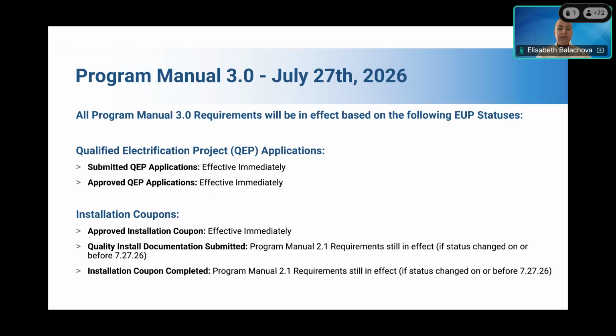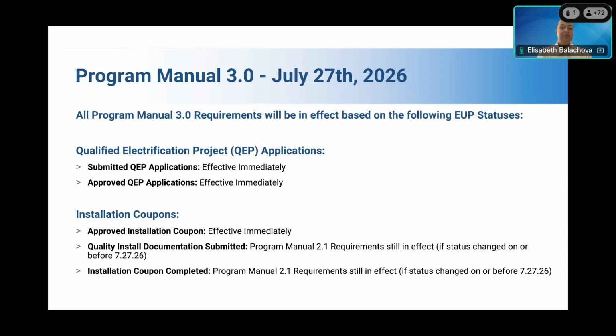So based on if you have existing projects right now, depending on what status they are in and what stage of the process they're in, that will determine when these program rules will be effective. So if you are submitting any new applications, these new program rules are effective immediately.